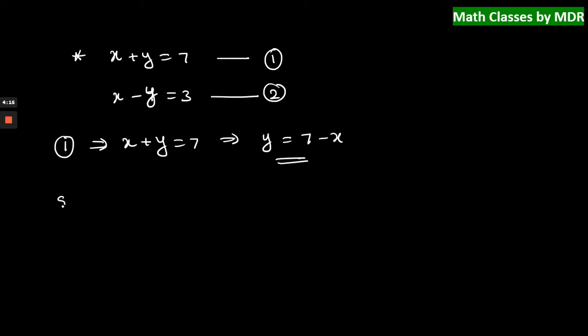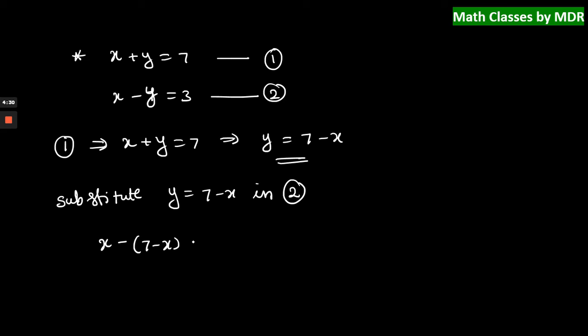Substitute y equal to 7 minus x in equation 2. So that is x minus (7 minus x) equals 3. We just have to replace this y with 7 minus x. So you will get x minus 7 plus x equals 3, which implies 2x minus 7.